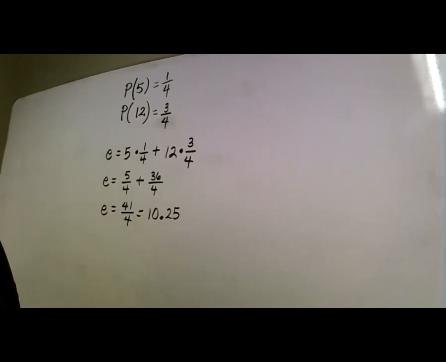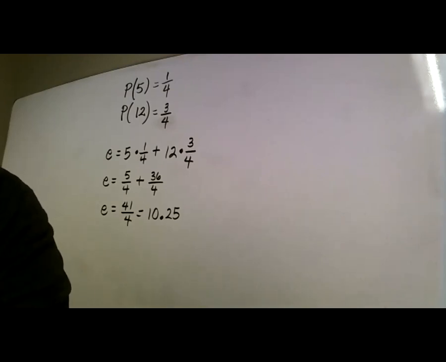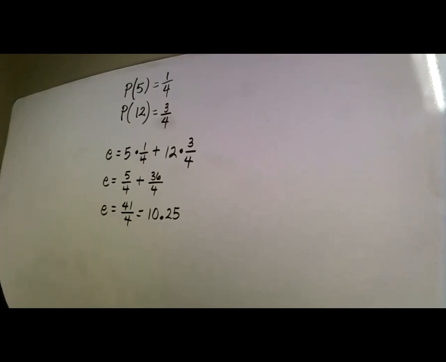So if we were to spin this spinner a certain number of times, usually we would expect to get, on average, 10.25. Okay, any questions on problem number 2?